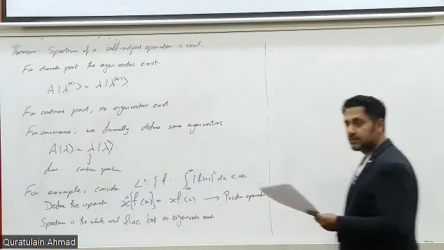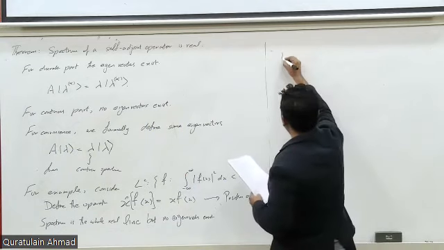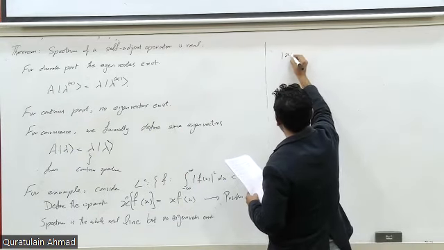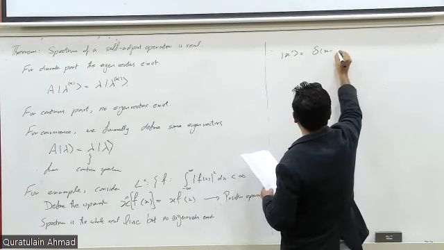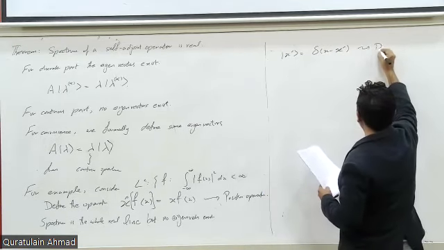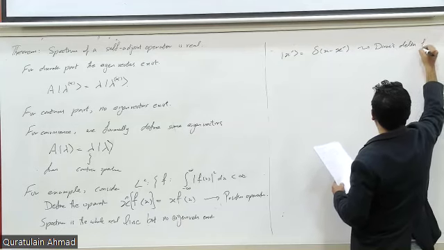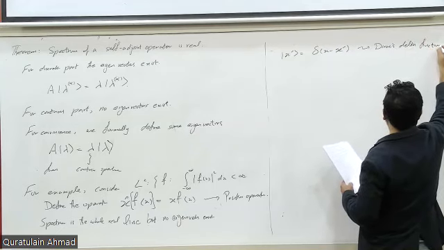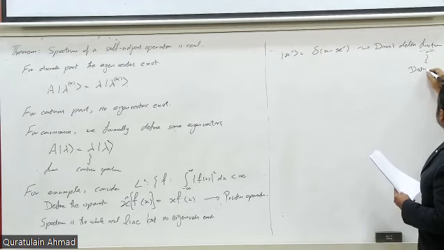So Dirac said, let's consider these vectors. This is Dirac's delta function. It's not a function, it's what people call a distribution.